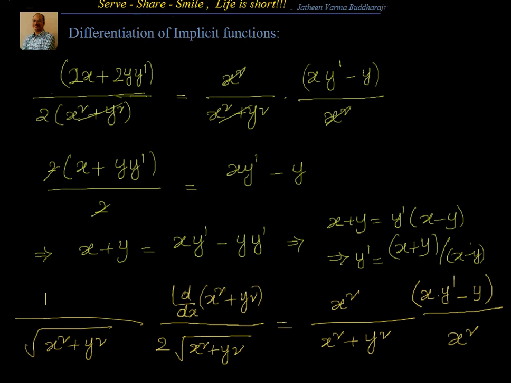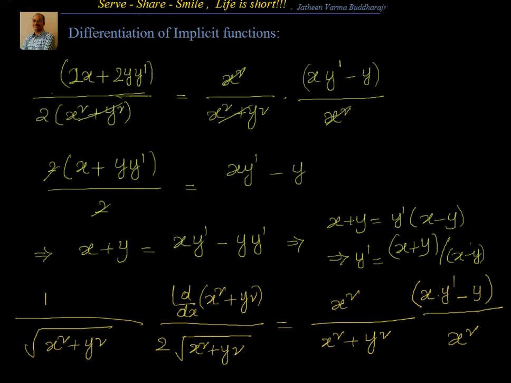You cannot say it in terms of x alone, because when you want to say y, it also involves y terms, like x square plus y square plus 2xy equal to 0, or x cube plus y cube plus 3axy equal to 0, or for that matter the example we have seen just now, log of root of x square plus y square is equal to tan inverse of y by x.